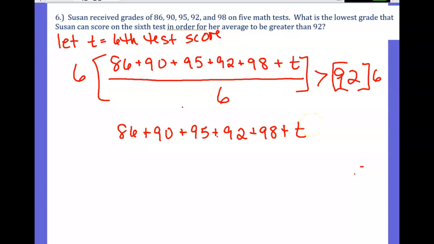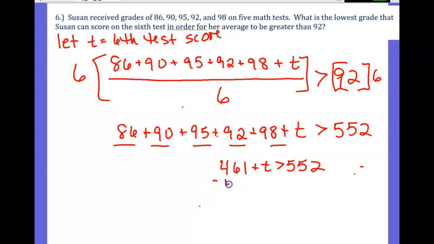And that's going to be greater than 92 times 6. So 92 times 6 is 552. We combine our like terms, which are just the constants, and we get 461 plus t is greater than 552. And then we solve for t. Minus 461. When we do that, t is going to be greater than 91.